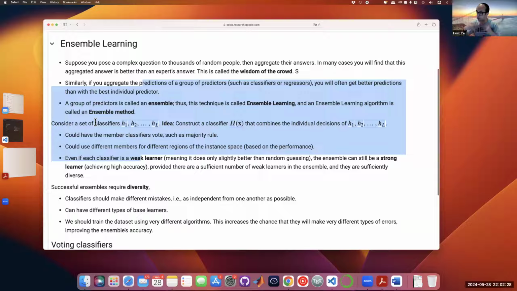For example, if you want to work with a binary classification problem, the answer will be 0 or 1. What you can do is aggregate their answers.